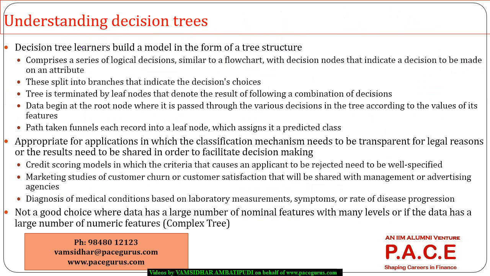Now, how do we get into the understanding of decision trees? The word itself is clear: the learning is built in the form of a decision tree. So we will get a tree structure as a part of the abstraction process of the model.